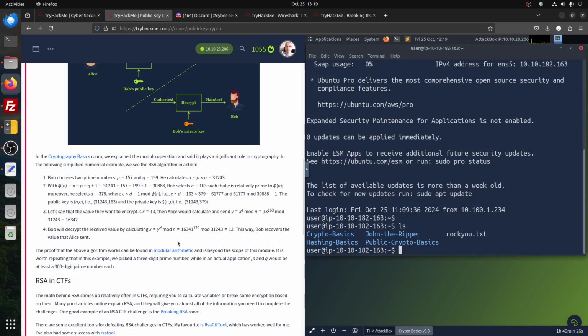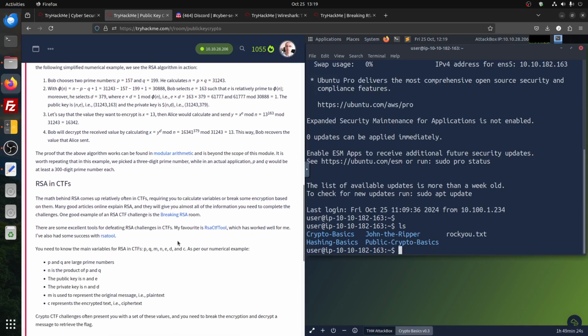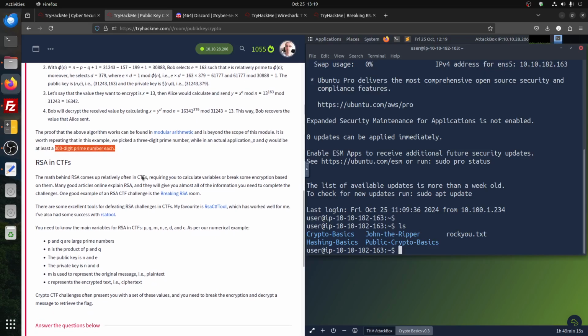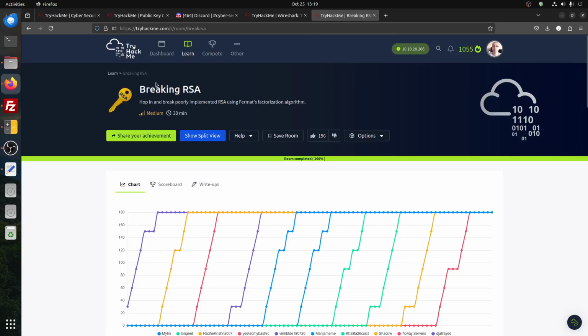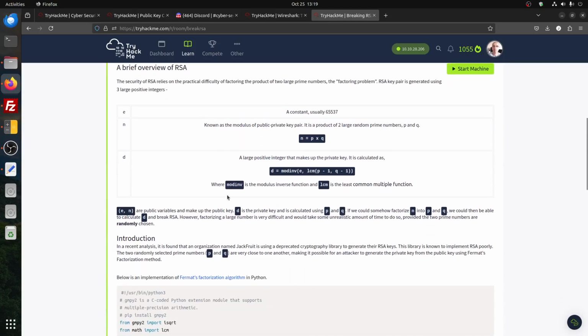Modular arithmetic. Okay, they give you that. In an actual application, p and q will be at least 300 digits, so you can imagine how big that is. That's why they refer to breaking RSA. This is one of the interesting rooms, on breaking RSA. It's a medium level that shows you what happens when you choose an insecure way of picking prime numbers, smaller ones.